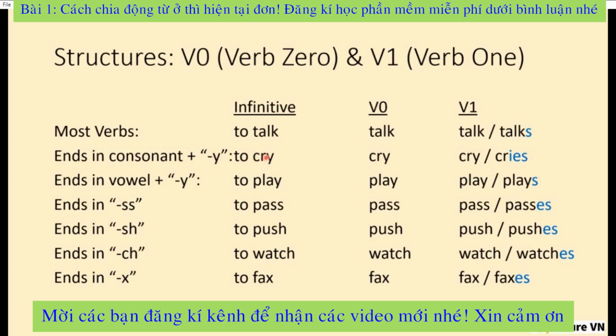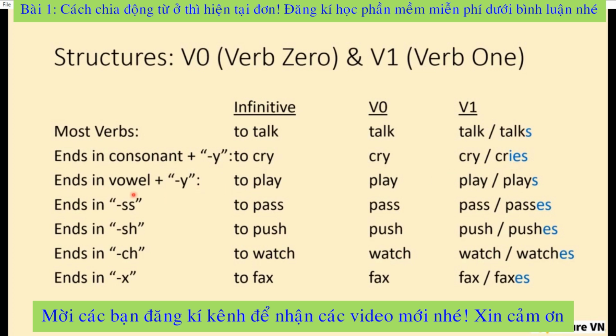Here we have R. R is a consonant, like B, C, D, F, G, etc. So when we have a consonant plus y, in the second form of verb 1, y becomes i. And then we add es. So we would say, I cry, he cries, with ies ending.